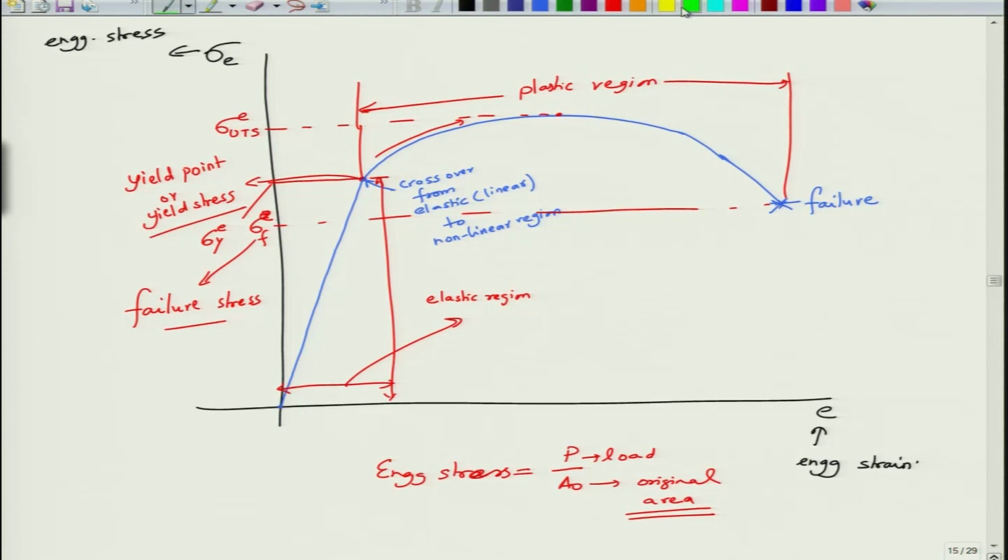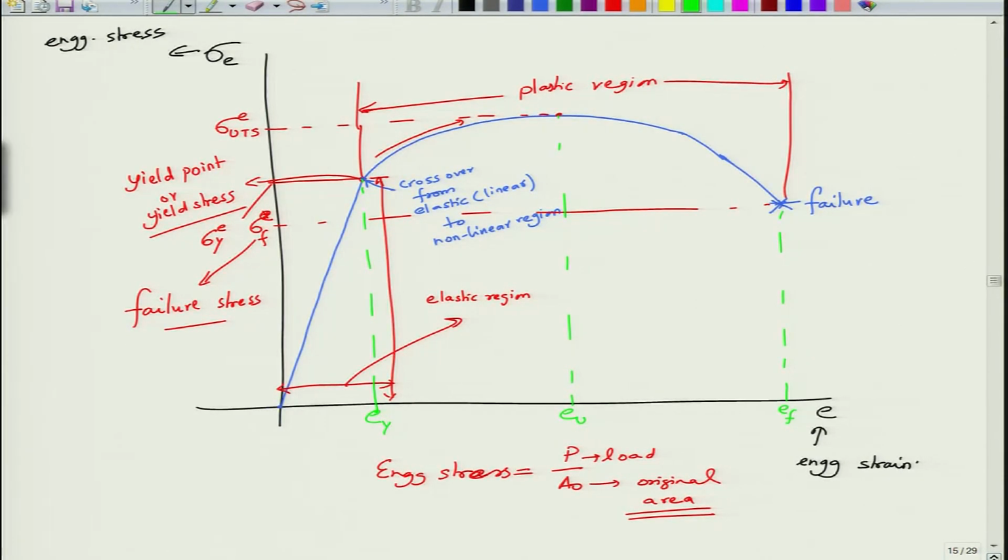The corresponding strains are: this is epsilon y, which is the yield strain; this is epsilon u, which is at the ultimate tensile stress; and this is epsilon f, which is the failure strain.